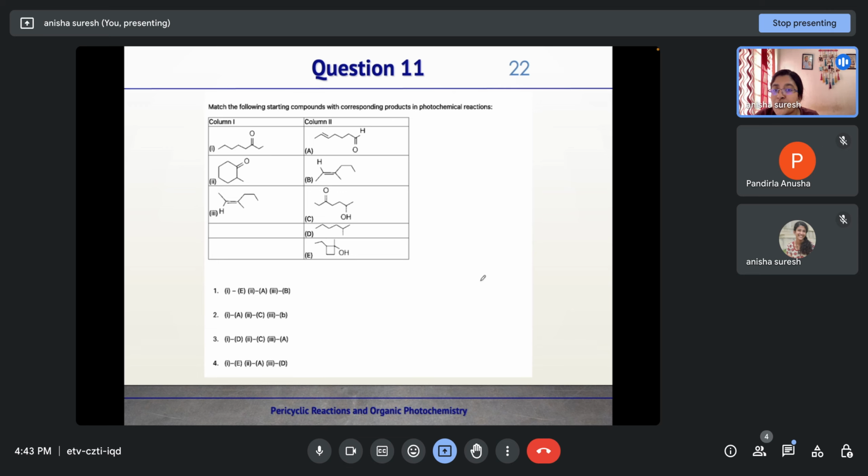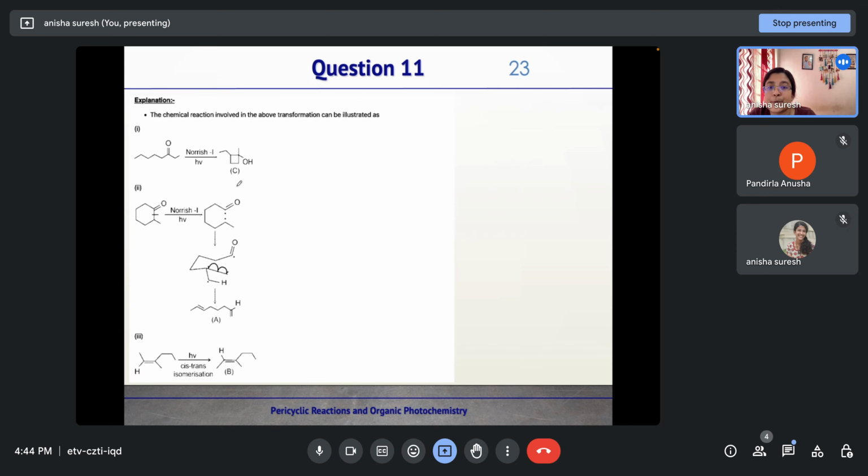So you have to match the products corresponding to the starting materials given in column 1. Okay. So we will see the mechanism for each of these reactions. So first one, what is the possibility?